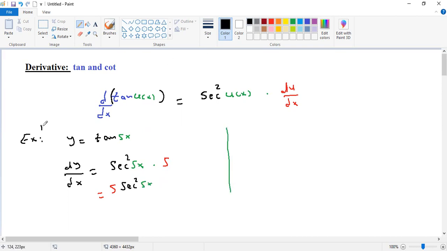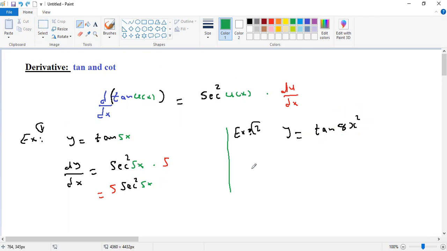Another example. Example 2; this was example 1. Y equal to tan 8x squared. So now the angle is 8x squared.